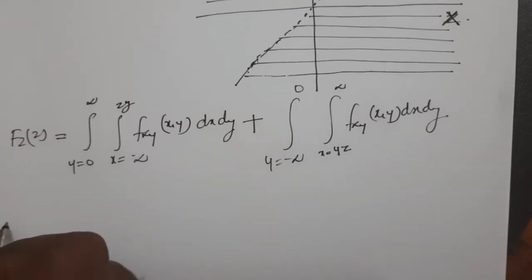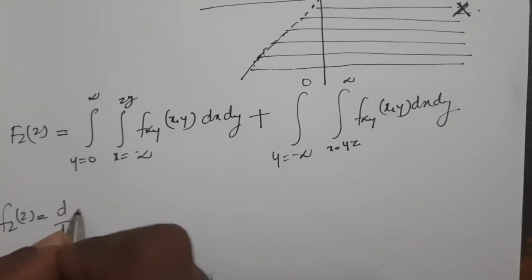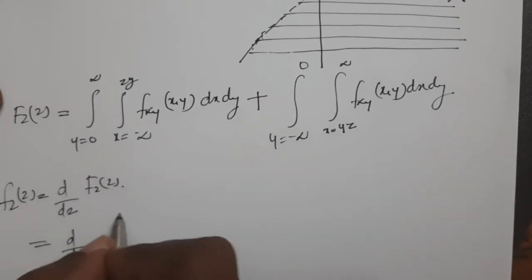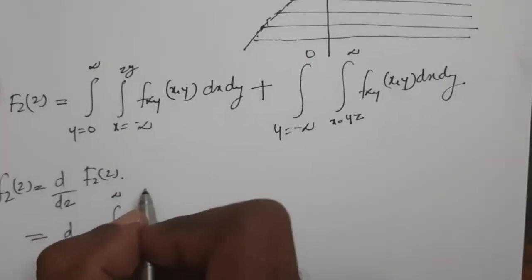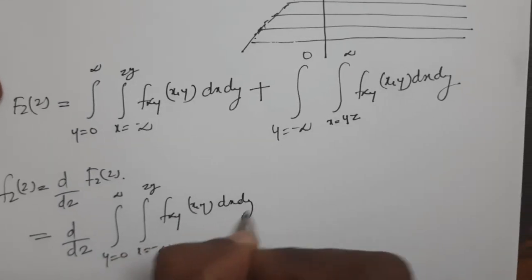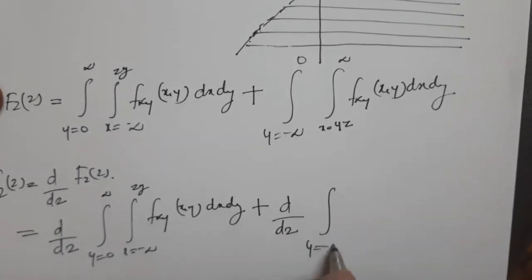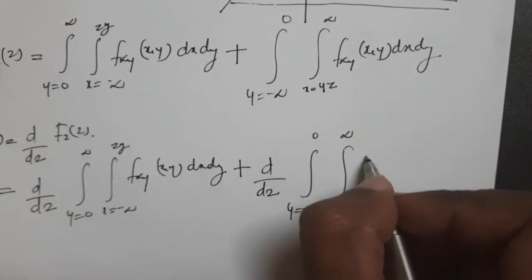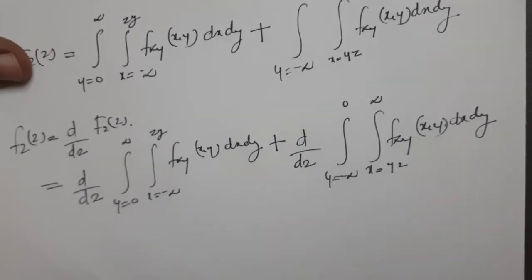Now we need to find the PDF. How will you find the PDF? fz(z) is d by dz of Fz(z). So this will be equal to d by dz of the integral y equal to 0 to infinity, x equal to minus infinity to zy of fxy(x,y) dx dy, plus d by dz of the integral y equal to minus infinity to 0, x equal to yz to infinity of fxy(x,y) dx dy.